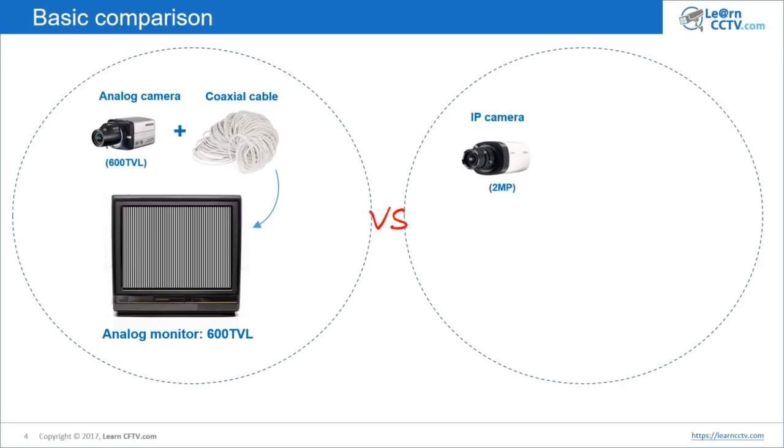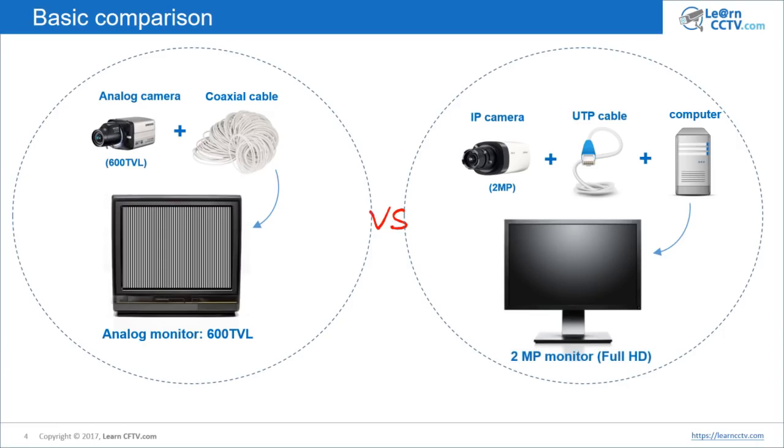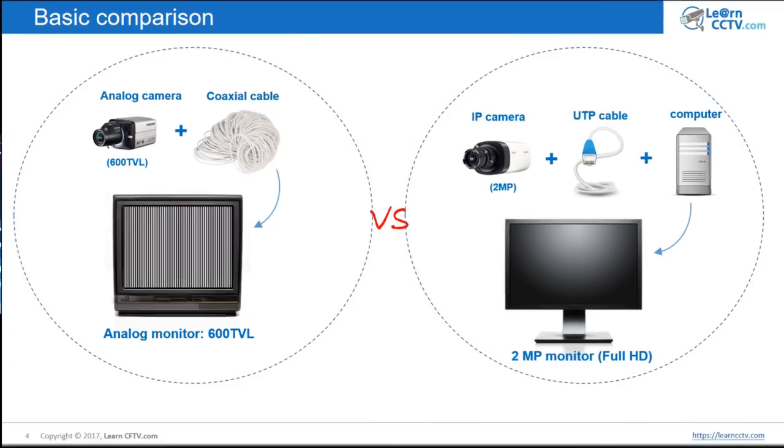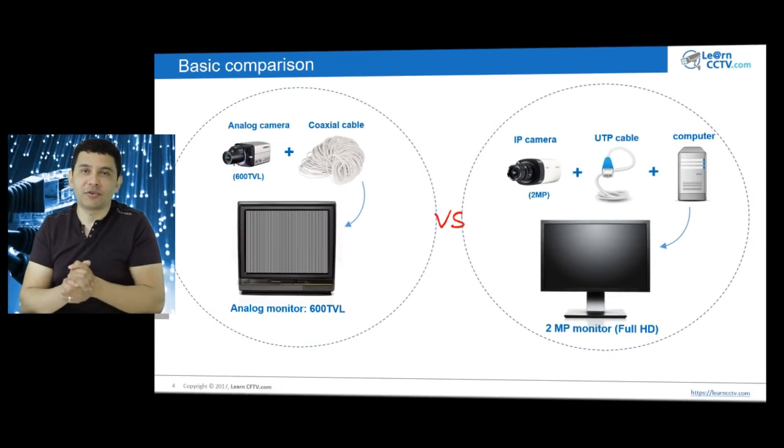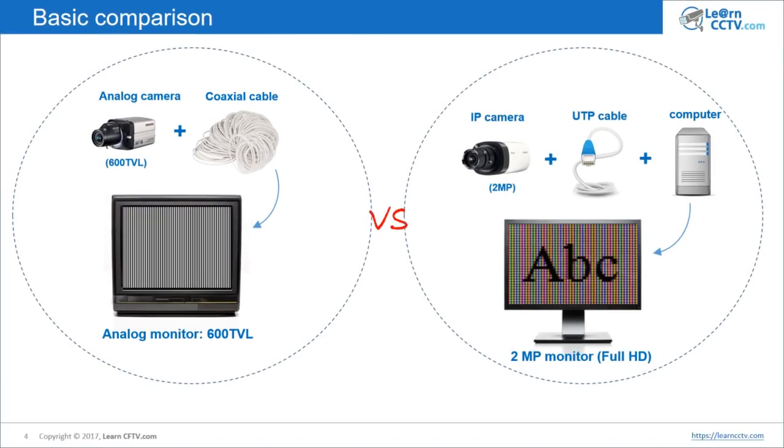You have an IP camera with 2 megapixels, for example, and then you connect your cable and you connect your computer. Then you can have your image on your screen. Let's say a 2 megapixel monitor. That's the same as Full HD. When you talk about 2 megapixel resolution and Full HD resolution, it's the same thing, right? And then you have your pixels on your screen. That's pretty easy to understand.